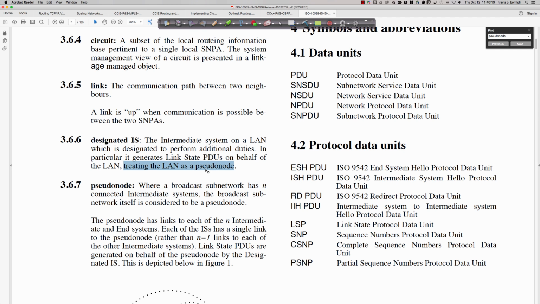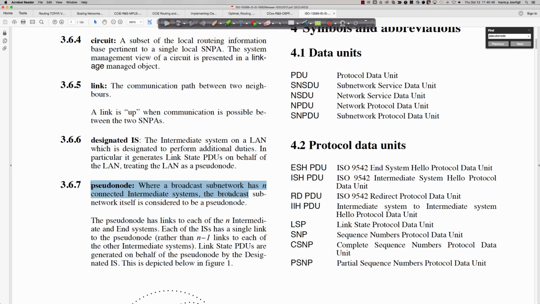And so this is where that term comes from. Again, the entire concept of the designated router comes from IS-IS, the other link state, and it's commonly referred to as the quote-unquote other link state routing protocol. But to be honest, IS-IS is dominant in the service provider space.